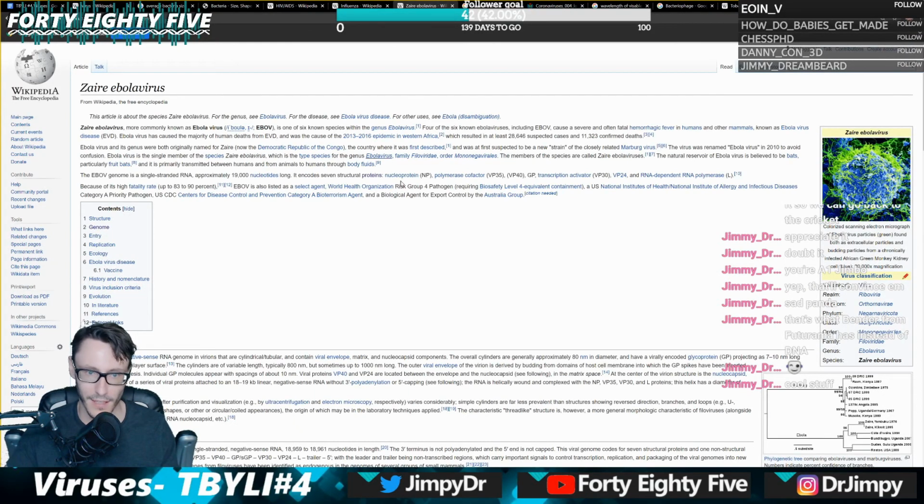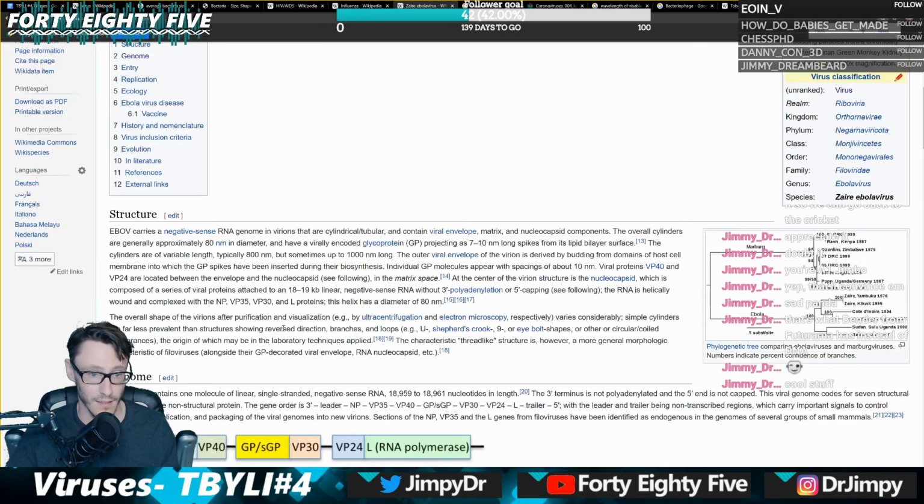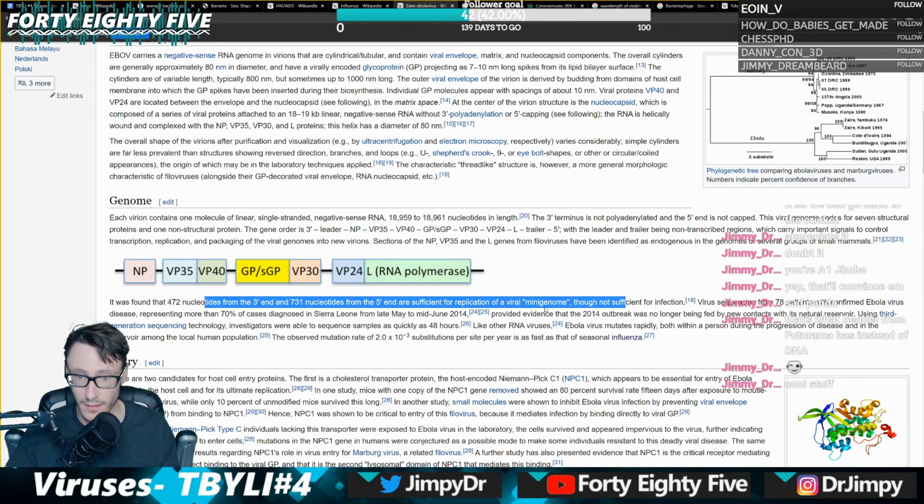It's another RNA virus, and it's incredibly infectious. The structure is incredibly simple. There aren't any integrases or anything like that. It's got this genome here that forms, I think, a single polyprotein. It's a very, very short virus.